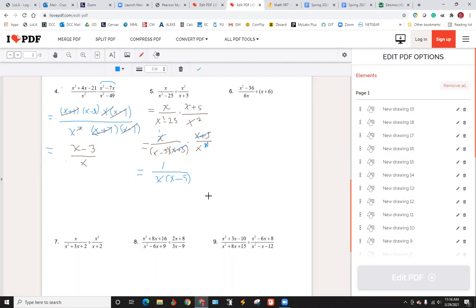All the rest of these are division, so we got them all. Take the reciprocal.